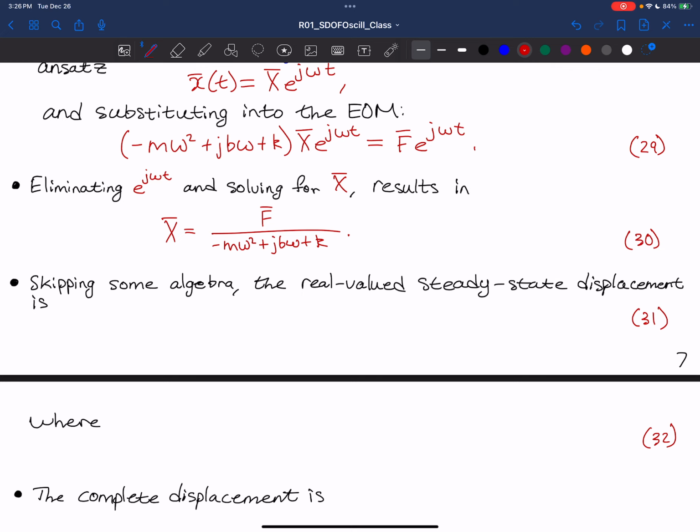So right now we have the complex amplitude. What we will end up doing is taking the absolute value and converting this into a real valued system.